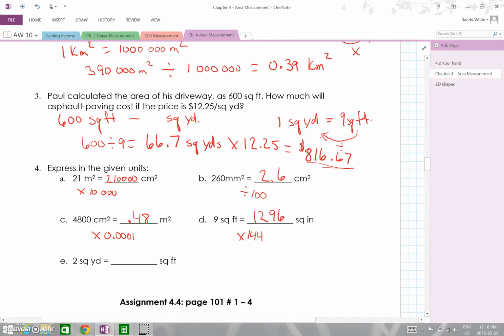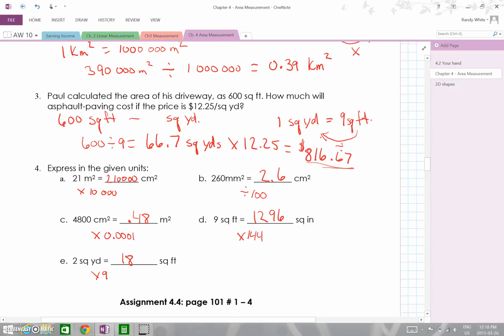And then I'm going square yard to square feet. So again, I'm going left to right. I'm going to times that by 9, which is 18 square feet.